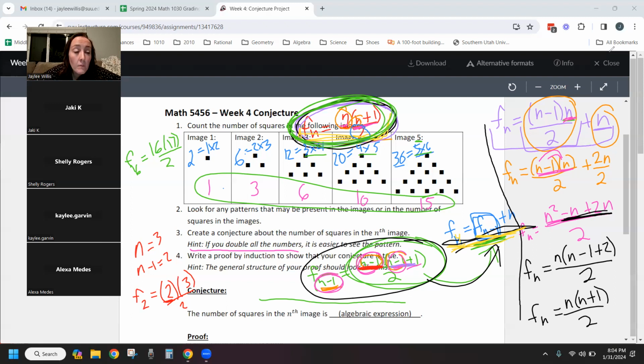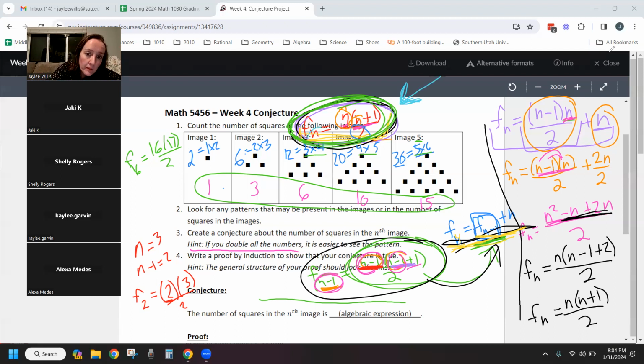If it helps you to put in numbers, you're welcome to do that, but you also have to make sure you have the generic one. The way that I think of it is in the assumption. This right here that I'm pointing to in blue, that's our conjecture. Our assumption is that the conjecture is true for n minus 1.